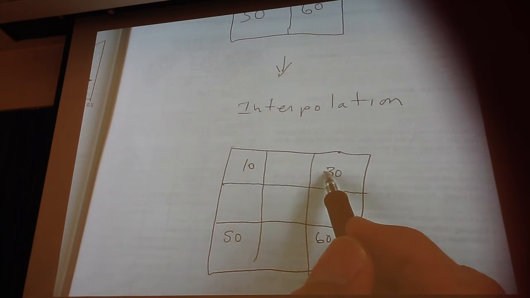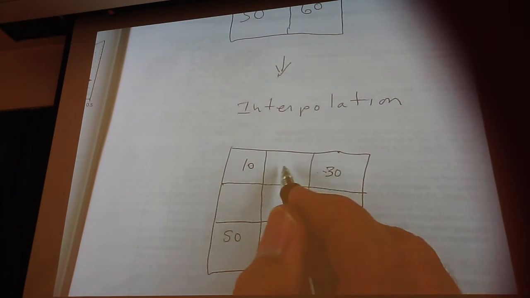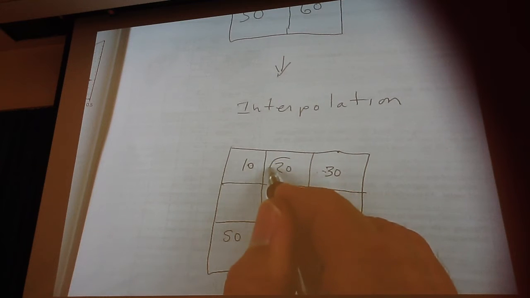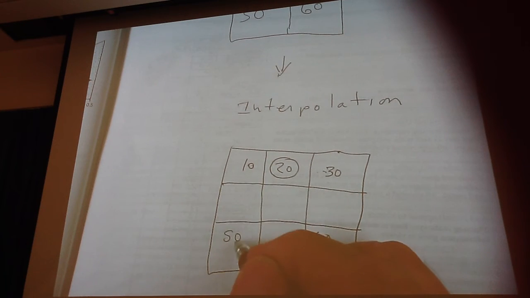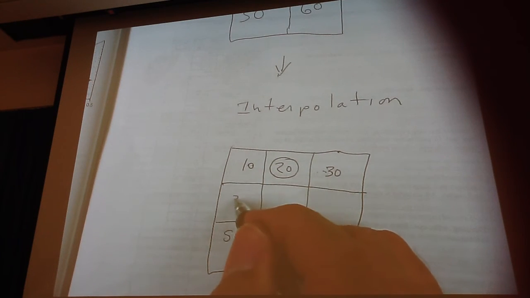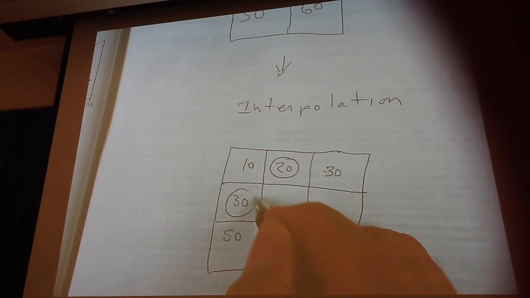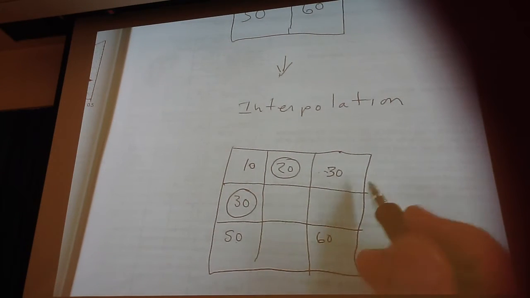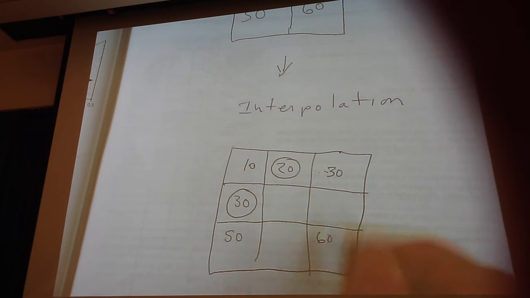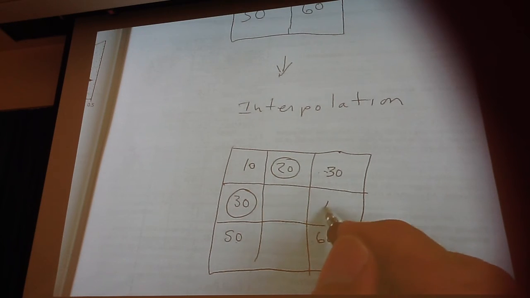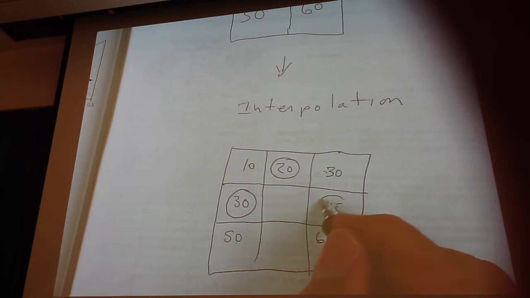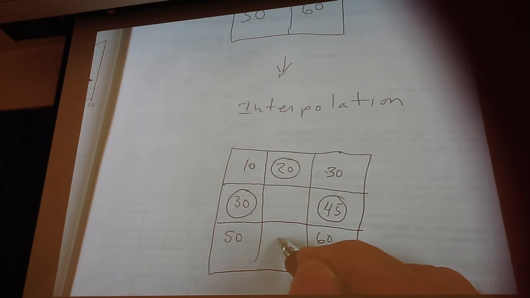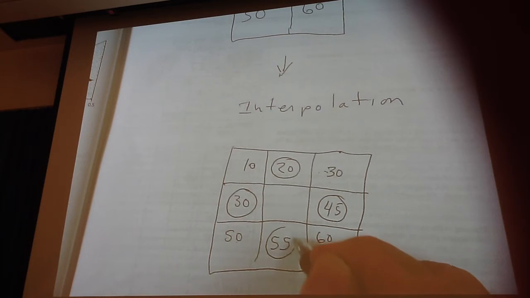So 10 plus 30 is 40, 40 divided by 2 is 20. Okay, 10 plus 50 is 60, 60 divided by 2 is 30. So all these numbers that I'm circling here are numbers that don't really exist, they're interpolated. Okay, 60, 30, 90, so that one's going to be 45. So I'm artificially creating data in here that doesn't exist to sort of fill in the gaps.